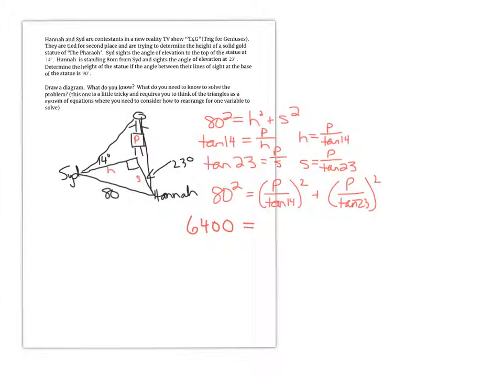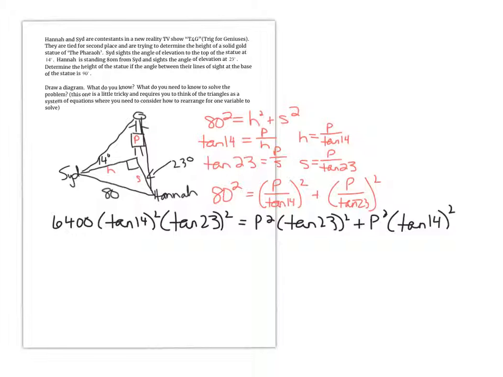So in an effort to do as little rounding as possible, our common denominator is tan 14 squared times tan 23 squared. So we can take that tan 14 squared and tan 23 squared and multiply each term in our expression by that.